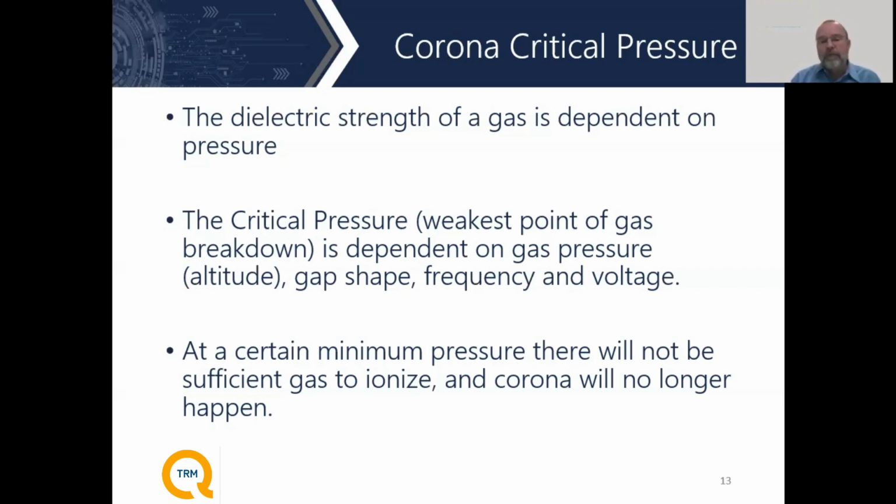Other components, for example on the telemetry system or part of the guidance system of the launch vehicle, must survive this critical pressure, because the parts will be active during that part of the flight. So it's understanding where these parts are, as to whether or not you have to pay special attention to corona as part of spacecraft design.